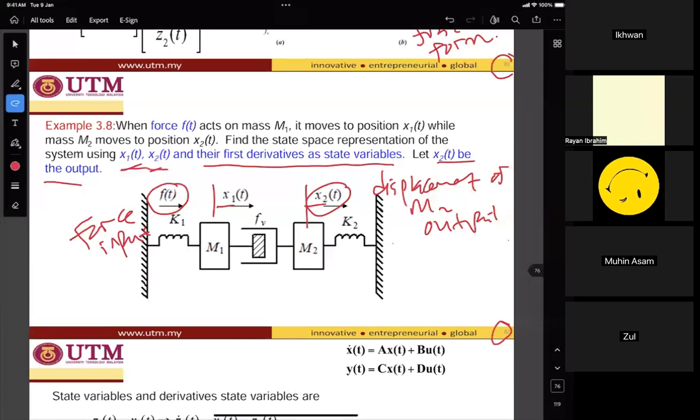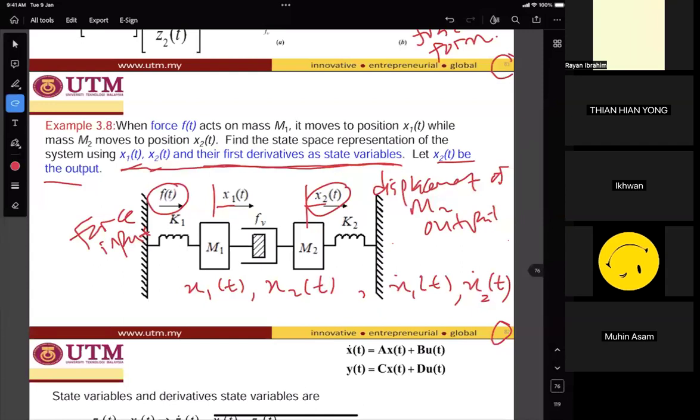The state variables are x1, x2, then their first derivatives. Apa maksudnya? Same as state variable.